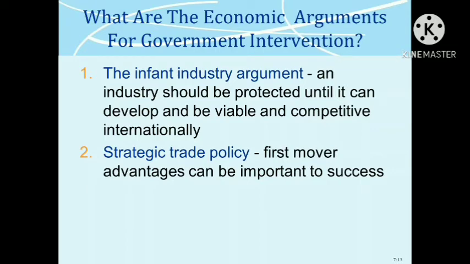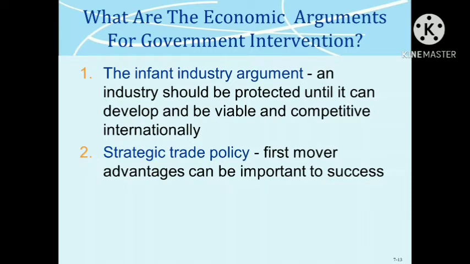Until the early 1980s, most economists saw little benefit in government intervention and strongly advocated a free trade policy. We have, first, the infant industry argument. This is by far the oldest economic argument for government intervention, and Alexander Hamilton proposed it in 1792.